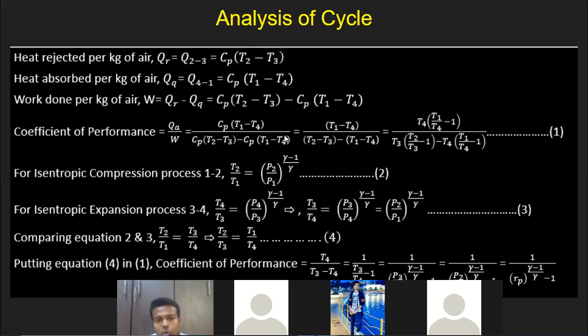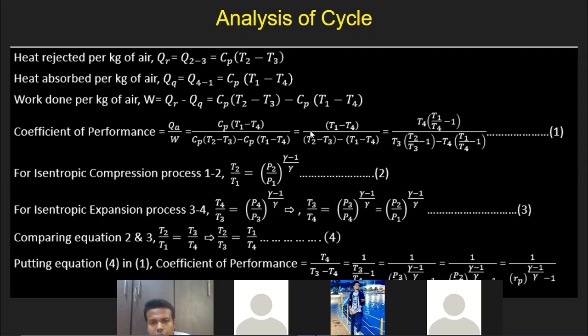Cp is a common term, so Cp will get cancelled. Only remaining is T1 minus T4 divided by T2 minus T3 minus T1 minus T4. From the numerator I will take T4 common, so it is T1 by T4 minus 1. You can check: T4 into T1 by T4 is T1, then T4 into 1 is T4, so you get the same T1 minus T4.